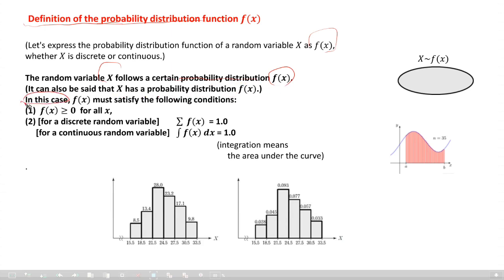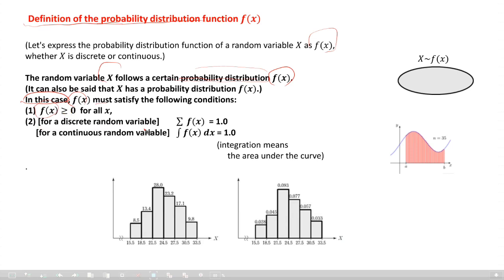In this case, f of x must satisfy the following conditions, like when we say probability. f of x is greater than or equal to 0 for all x. f of x cannot be negative. The value of f of x is non-negative.